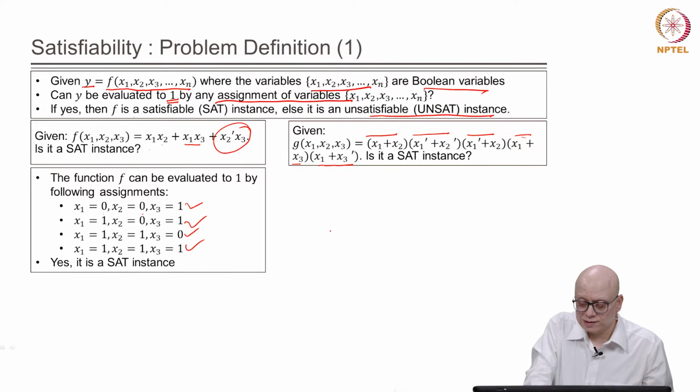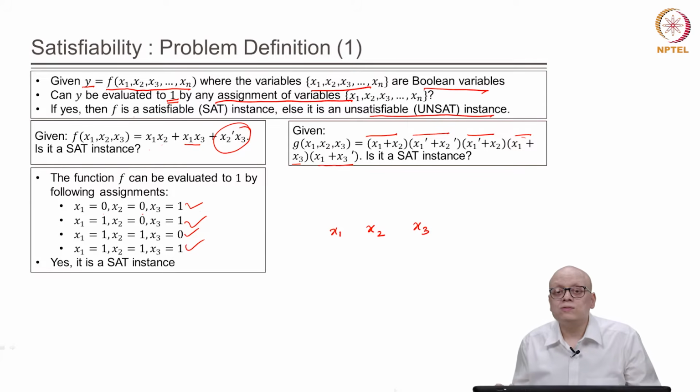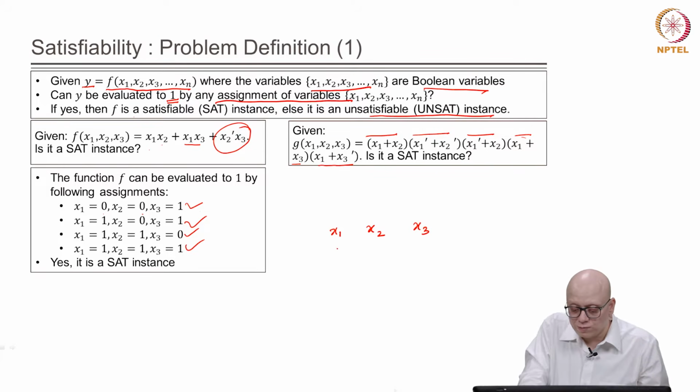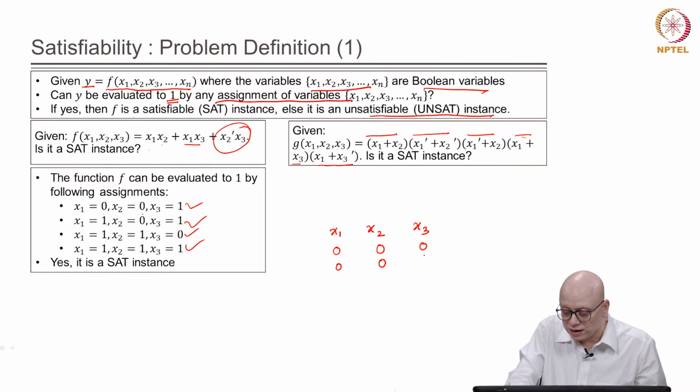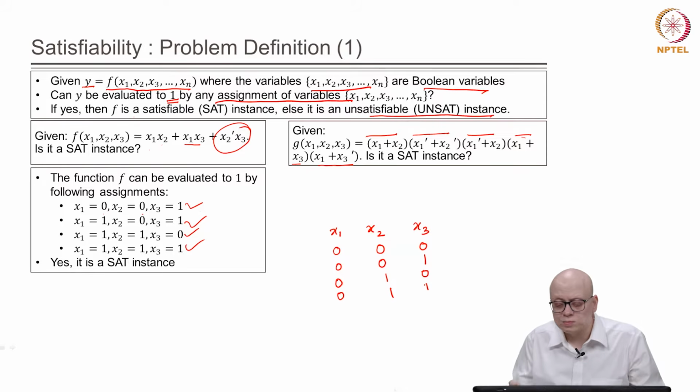We have x1, x2, x3. There are 3 variables and therefore 2 to the power 3, or 8, combinations. For example, x1 can take 0, x2 0 and x3 0, or x1 0, x2 0 and x3 1, and so on, so these are four possible cases.